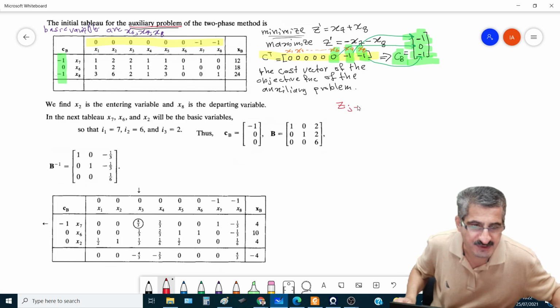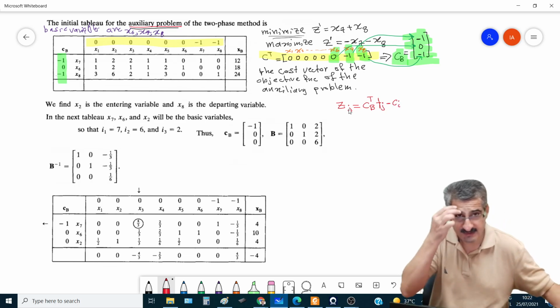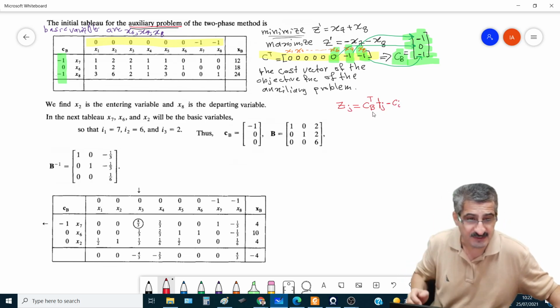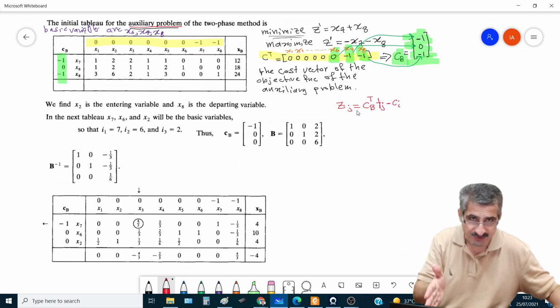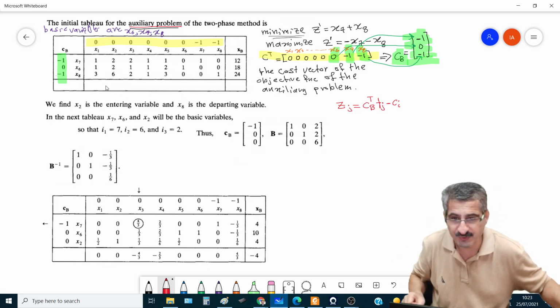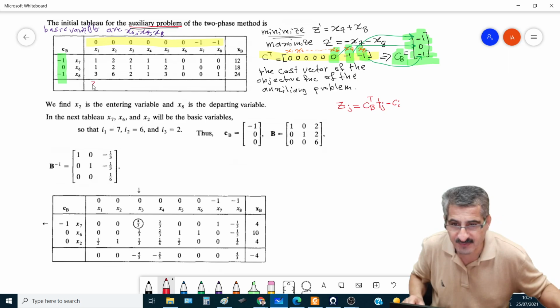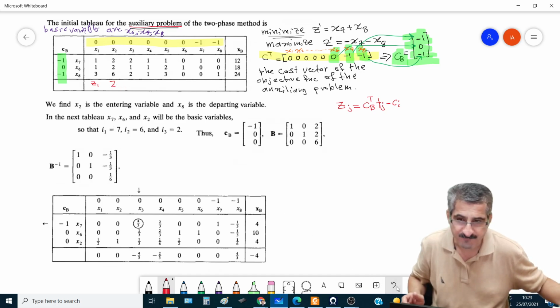How do we compute zj? It equals CB transpose times tj minus cj, right? And what is CB transpose? We have it there. Okay, everything is there. What is tj? Tj is the column j, right? So to compute this, z1, this is z1, how do we compute it? This is z2, how do we compute that?